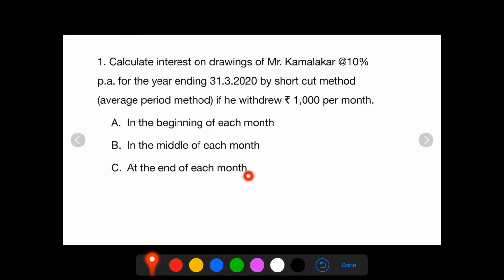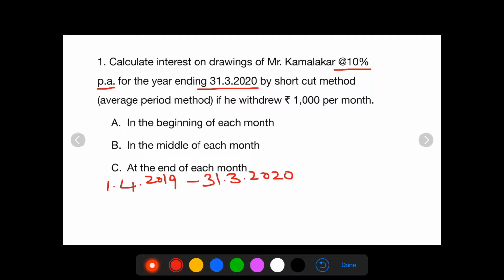Now, the question says that we need to calculate interest on drawings at 10% per annum for the year ending. So, the year is beginning for us on 1st April 2019, ending on 31st March 2020.